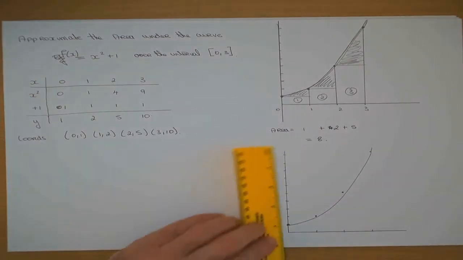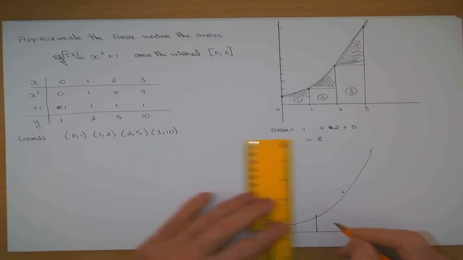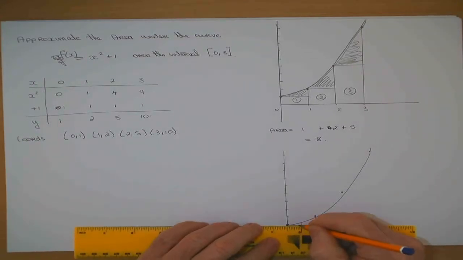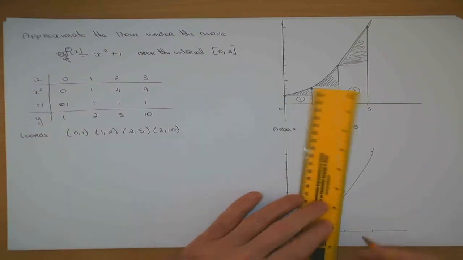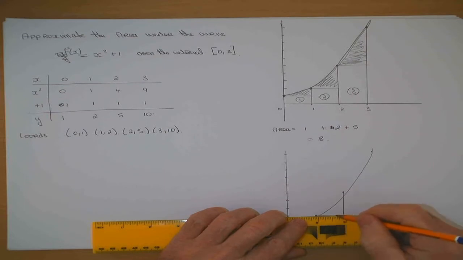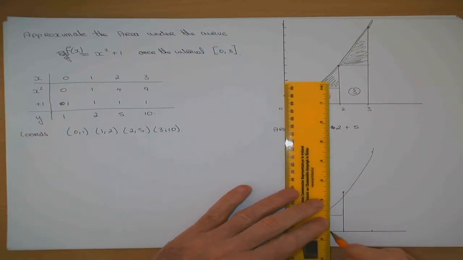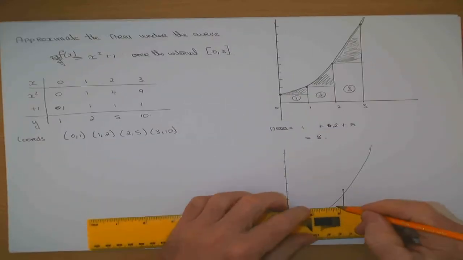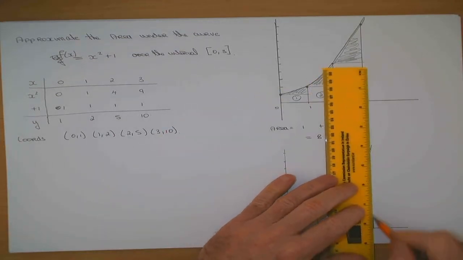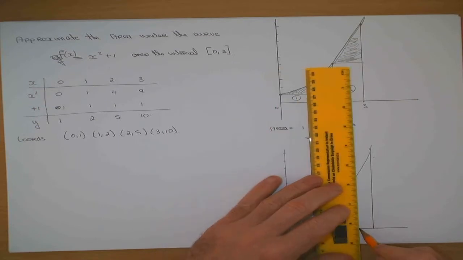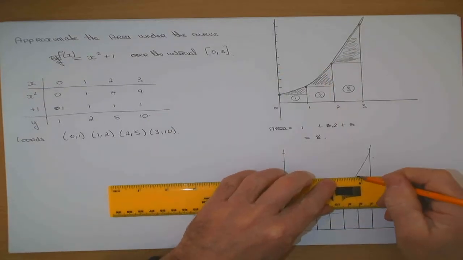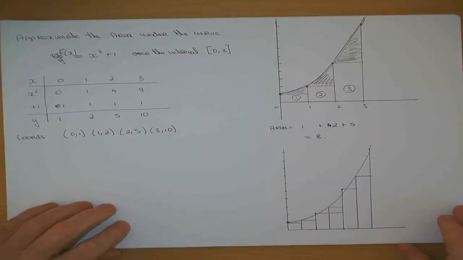Now, what would happen if I split each one of them into 2 rectangles? What would I be missing now?